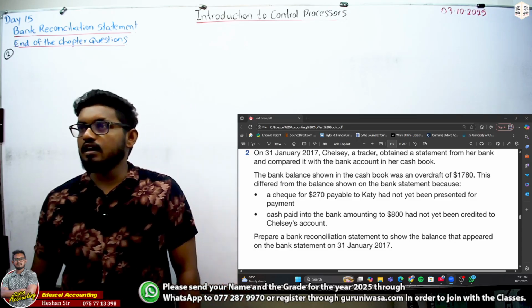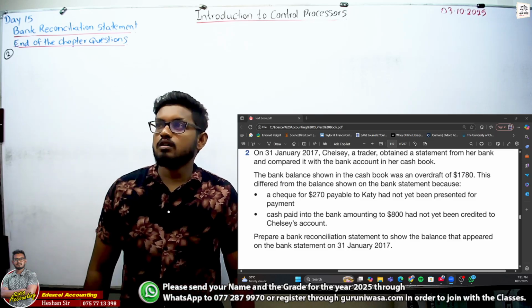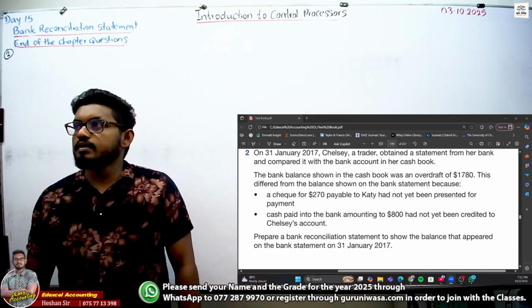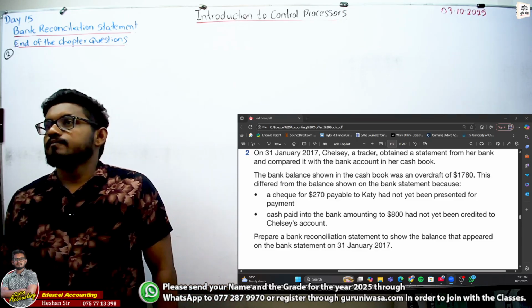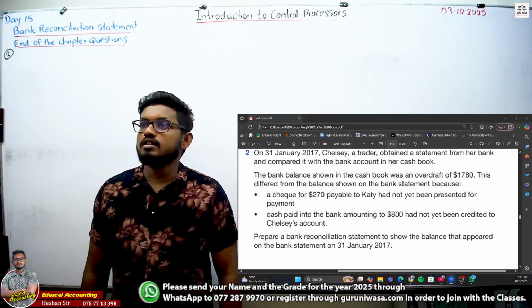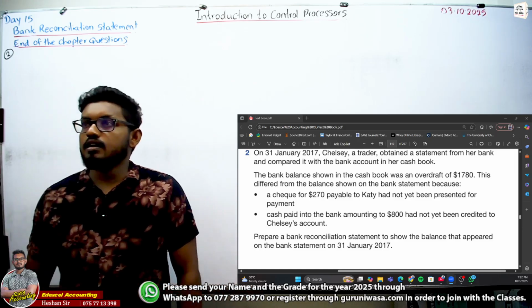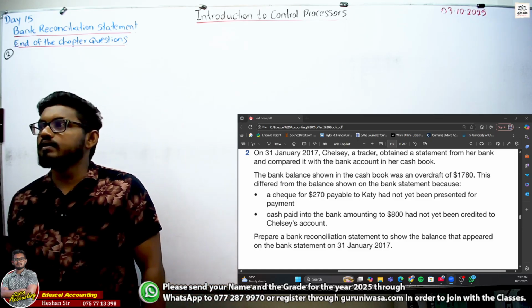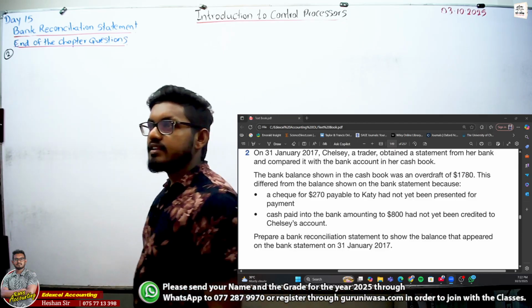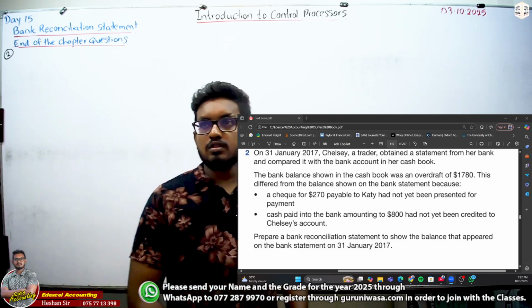This differs from the balance shown in the bank statement because a check for 270 payable to Katie has not been presented for payment, and cash paid into the bank amounting to 800 had not been credited to Chelsea's account. Prepare a bank reconciliation statement and show the balance that appeared on the bank statement on 31st January 2007.